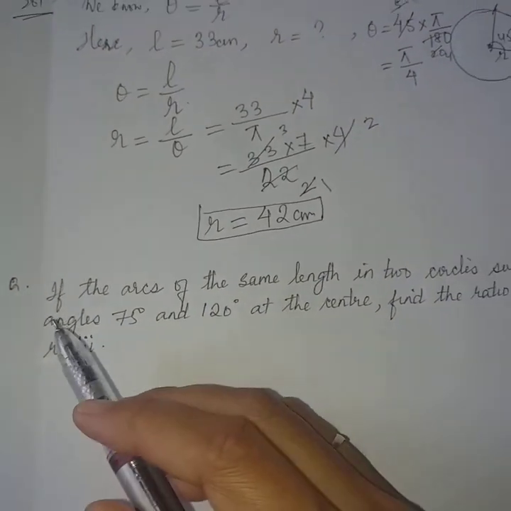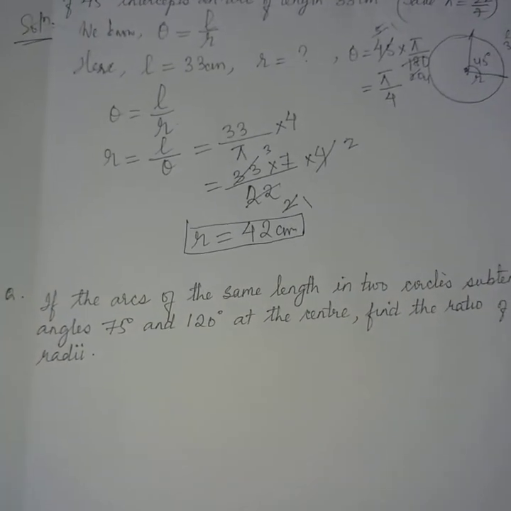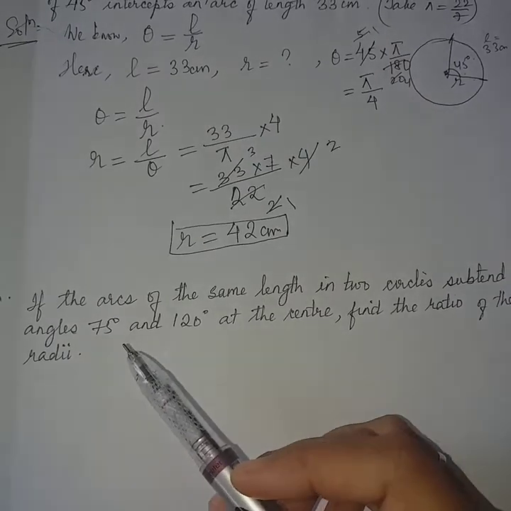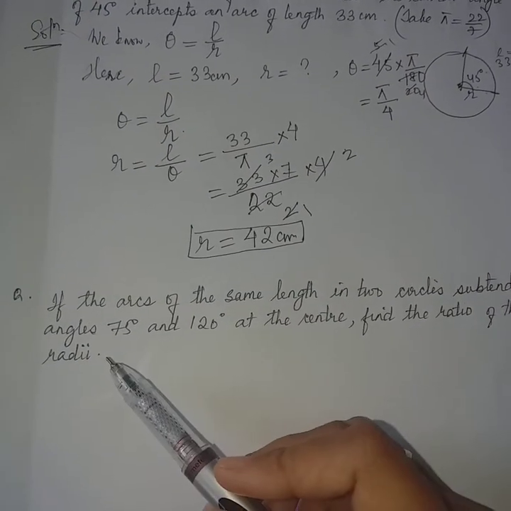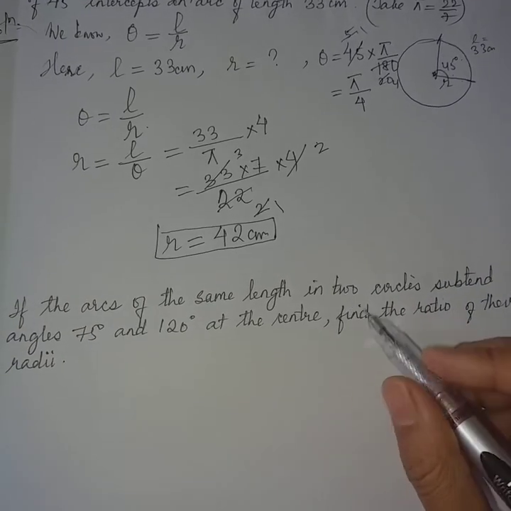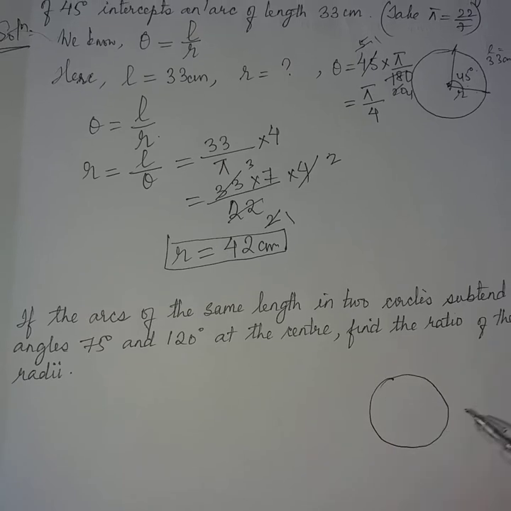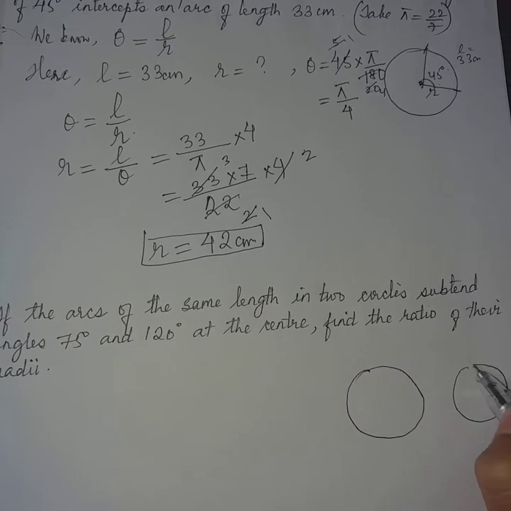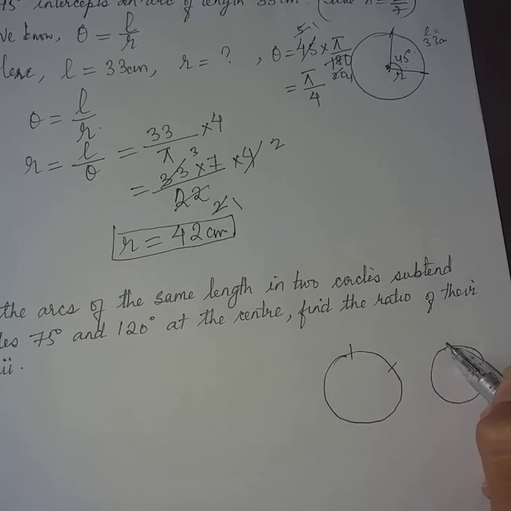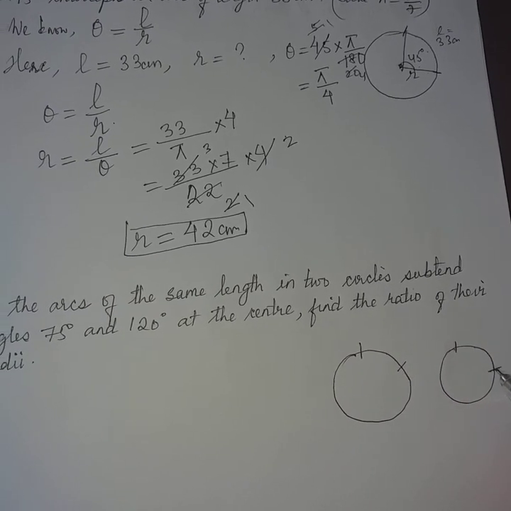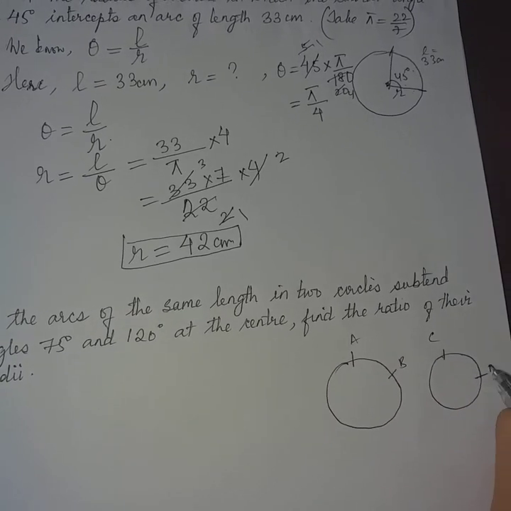Another one: if the arcs of the same length of two circles subtend angles 75 degree and 120 degree at the center, find the ratio of their radii. So we have here two circles, and for the same arc length, that means if you take same arc lengths, here AB and CD, these two are of same length.